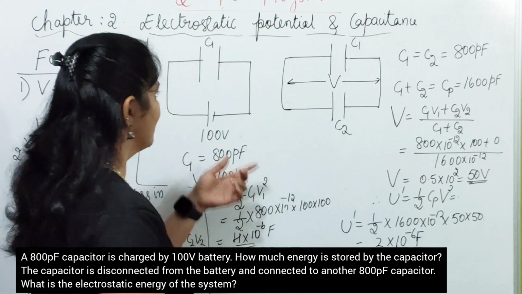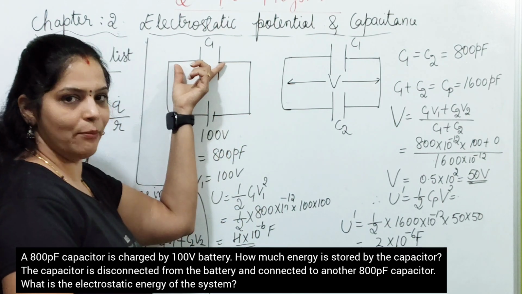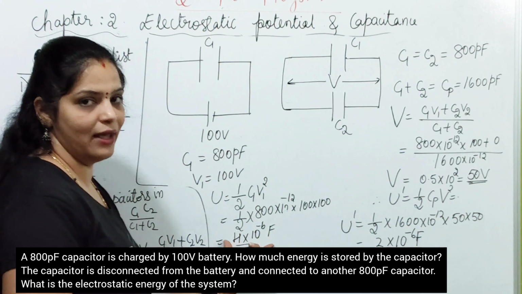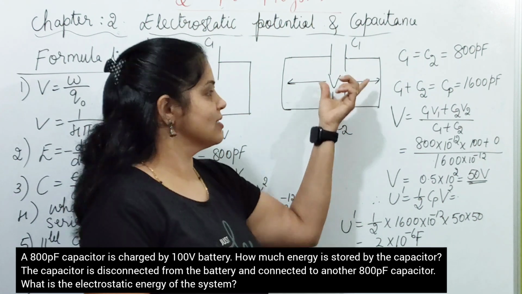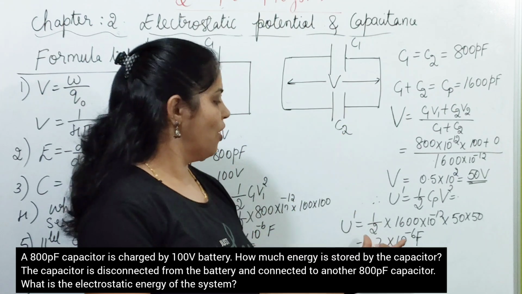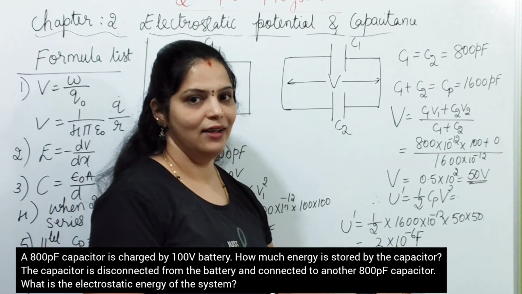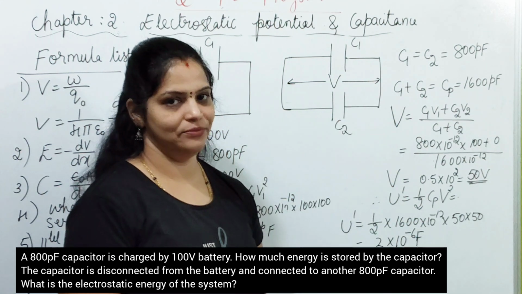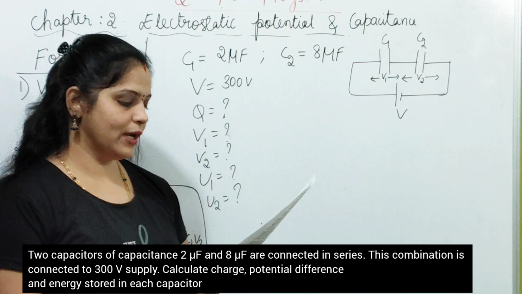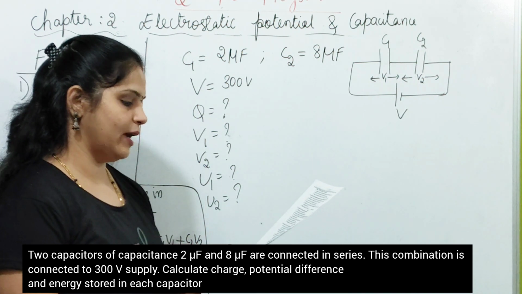So you are observing that when one is connected across a battery, the energy stored in one capacitor is 4 microfarad, whereas when this is connected across an uncharged capacitor, the energy stored in this combination reduces to 2 microfarad. Then what is the loss in energy? It is 2 microfarad.